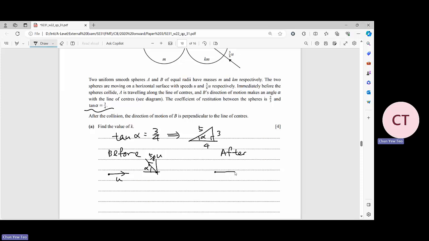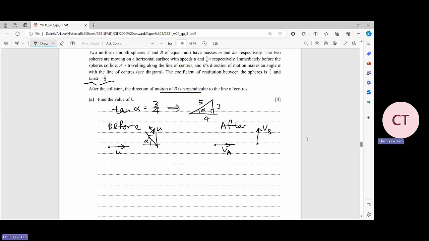So over here, I assume that A goes this way, continuing in the same direction. But for B, according to the question, after the collision B is perpendicular to the line of centers. So B is like this. This situation is actually kind of simple. Now we want to find the value k, so we consider the horizontal motion first. We need to apply conservation of momentum.